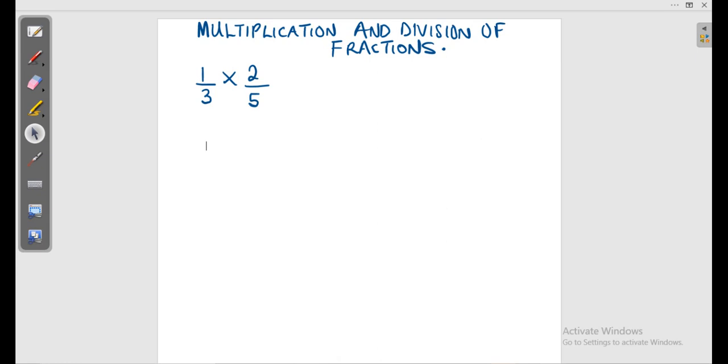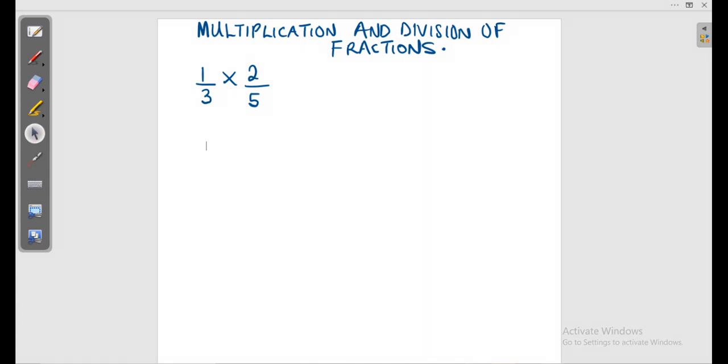You can only cancel out vertically or diagonally. So what I mean is you can only cancel out vertically or this way, and you can as well cancel out diagonally like this. You cannot cancel out horizontally. That is very, very important, and that needs to be noted.